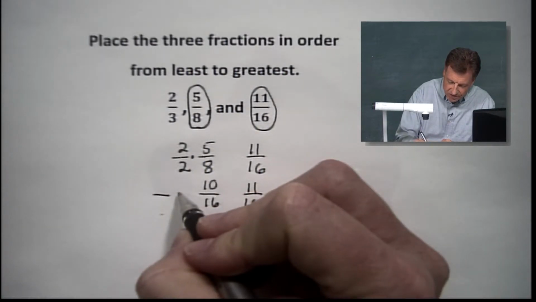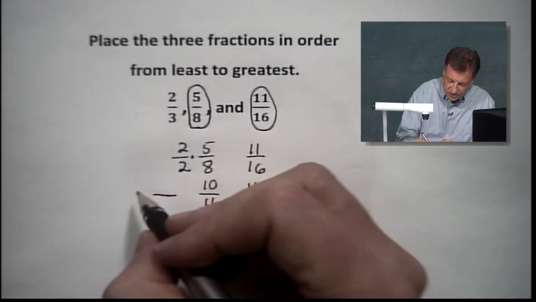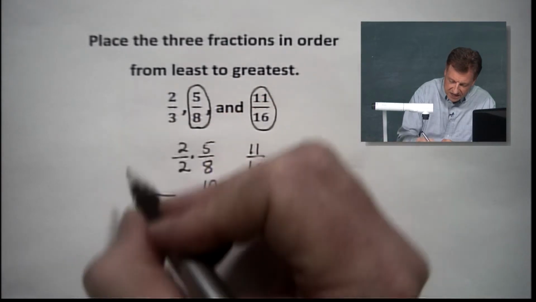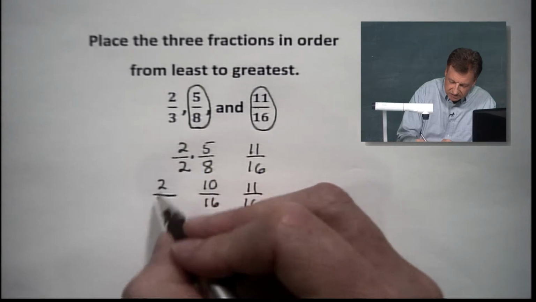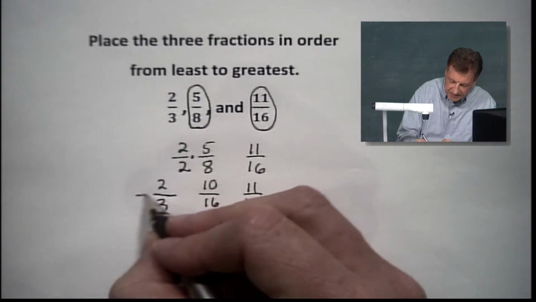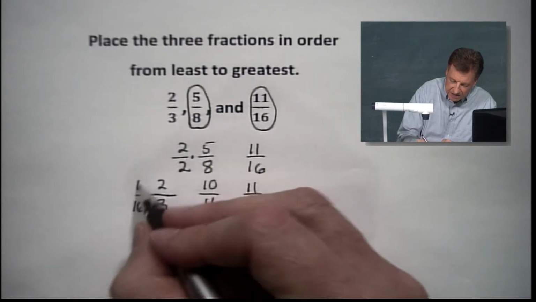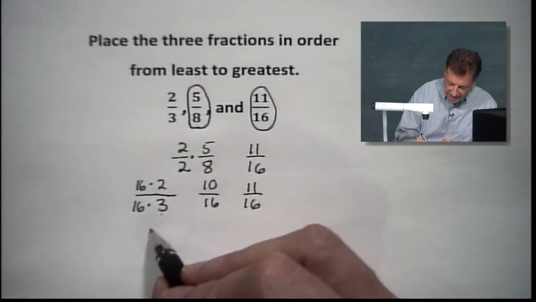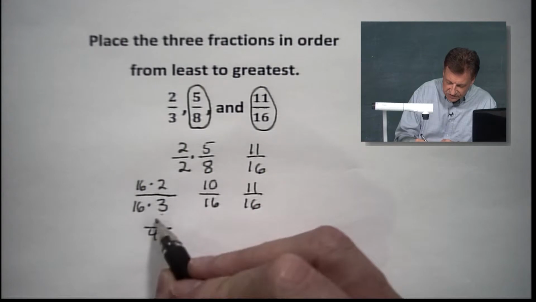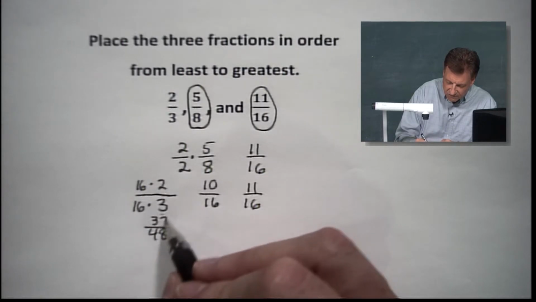So what does it tell you, Ernie? It tells me that with 2/3, we're going to multiply the denominator by 16, and we're going to multiply that numerator by 16, because we're looking for 48, and this looks like it's going to be 32/48.